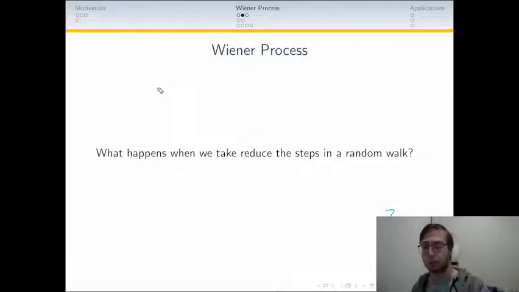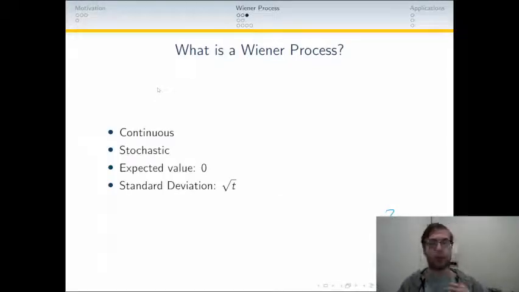Because we're generating this from a random walk, there's going to be a lot of similarities and properties to the random walks. Namely, the Wiener process is stochastic, has an expected value of 0, and a standard deviation proportional to the square root of t, the same as the random walks.